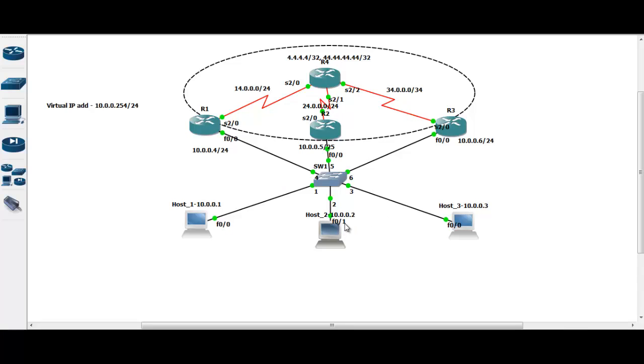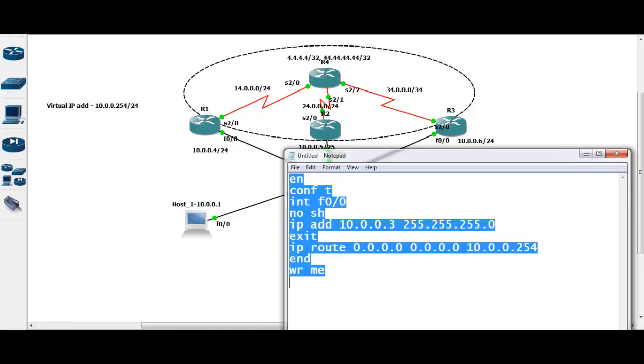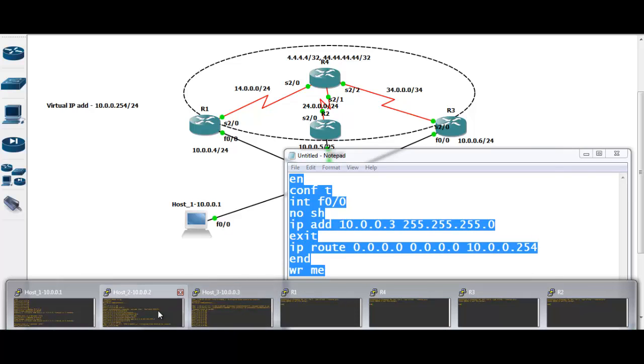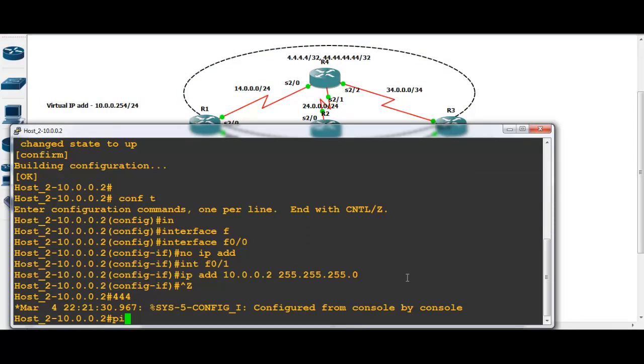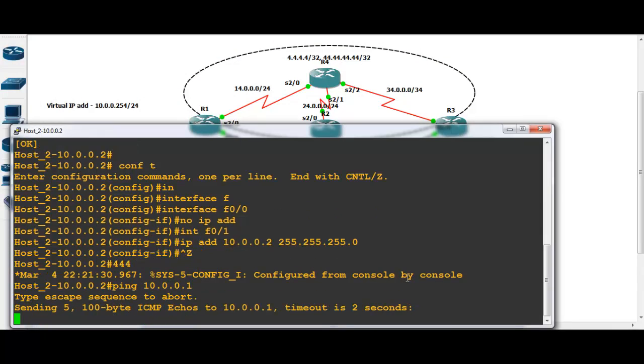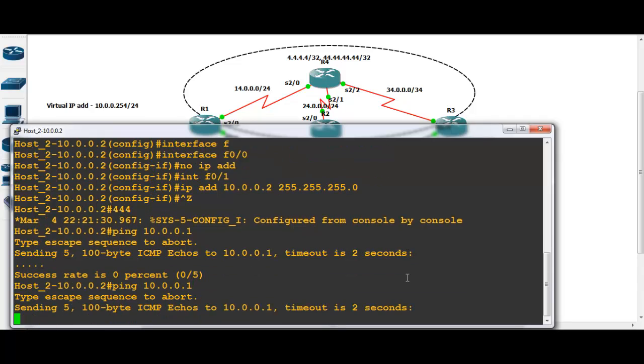That's why the problem. Now let us try pinging from the second PC to the other two PCs. Ping 10.0.0.1. I'm able to ping. Okay, again the same problem, I didn't say no shutdown.